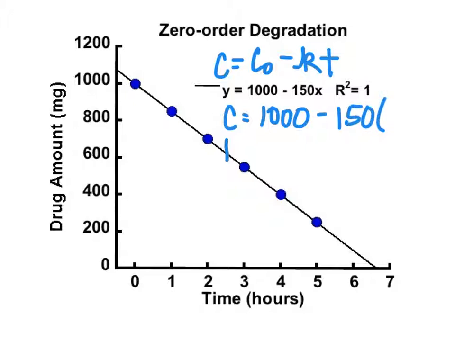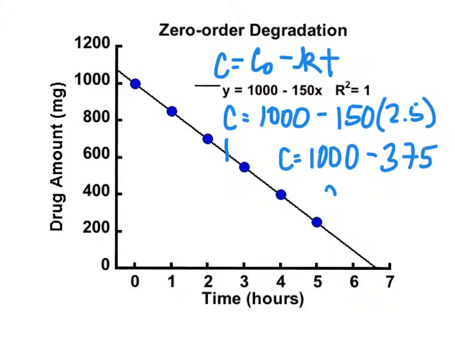In this case, our time would be 2.5 hours. So our C is going to be equal to 1,000 minus 375 milligrams, so our C at that time would be equal to 625 milligrams.